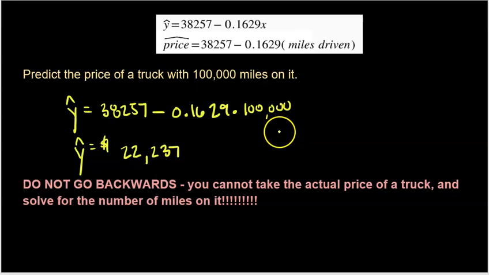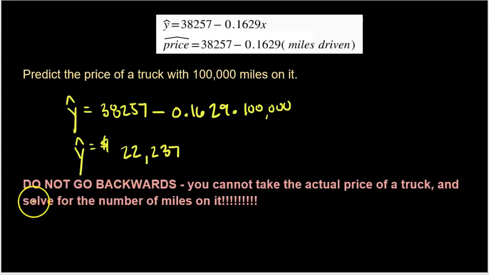This is nothing more than a prediction based on a model that was founded from my data. So if you are going to buy a truck that has 100,000 miles on it, I am simply predicting that it will cost $22,237. I'm not saying that it will cost that.